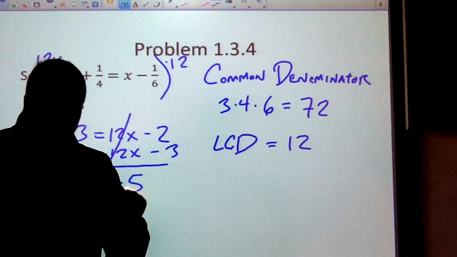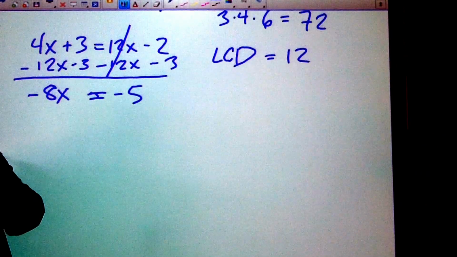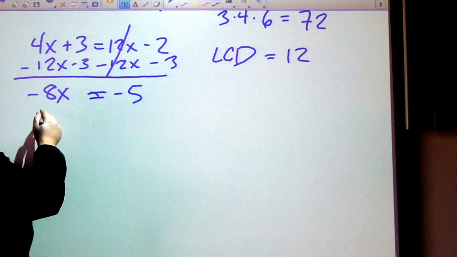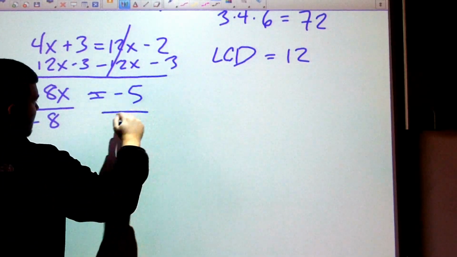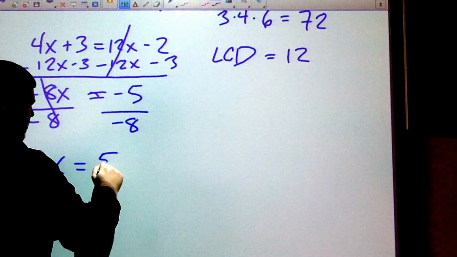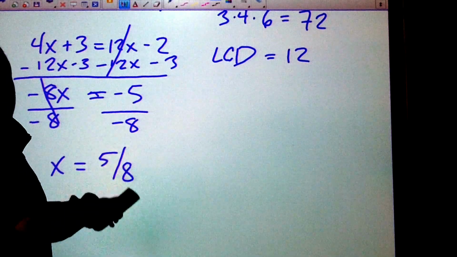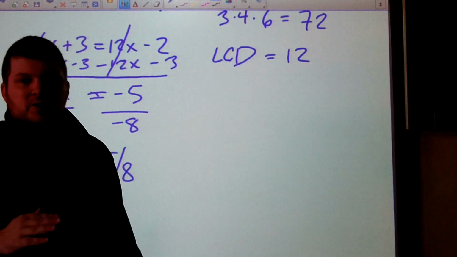So negative 5. Okay, so now I need to get x by itself, divided by negative 8. Cancel out, so x is equal to 5/8.